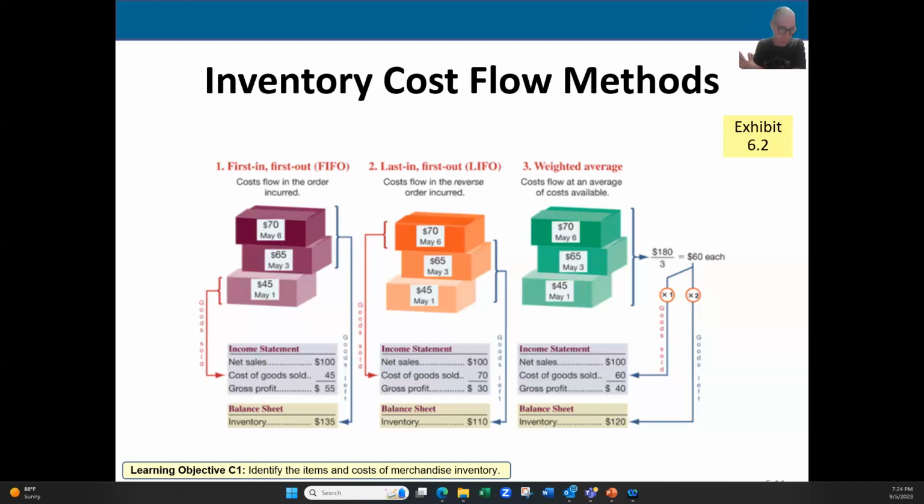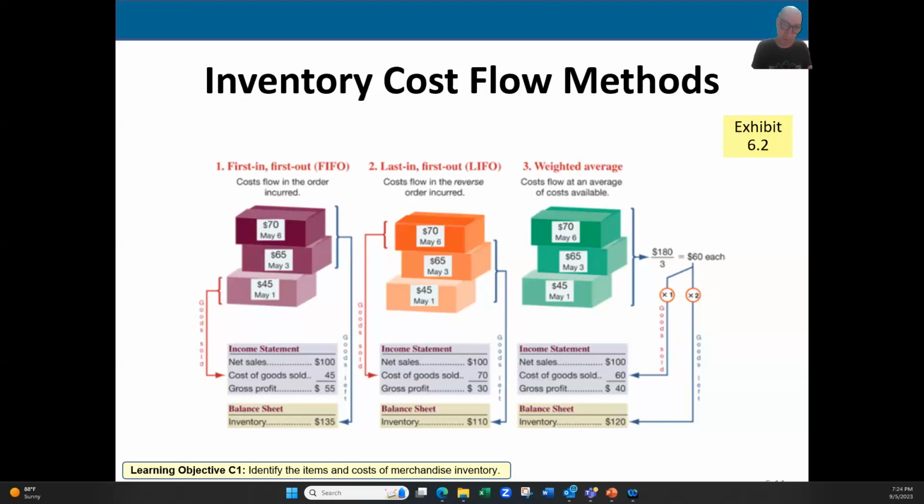The third inventory cost flow is called weighted average. By far, probably one of the simplest. Weighted average simply means that we add up all of our purchases and we divide by the number of purchases made.